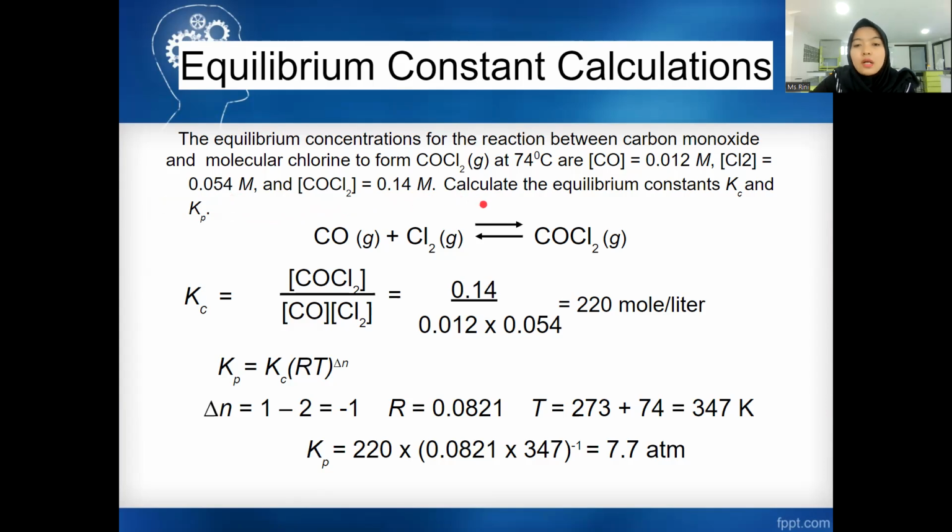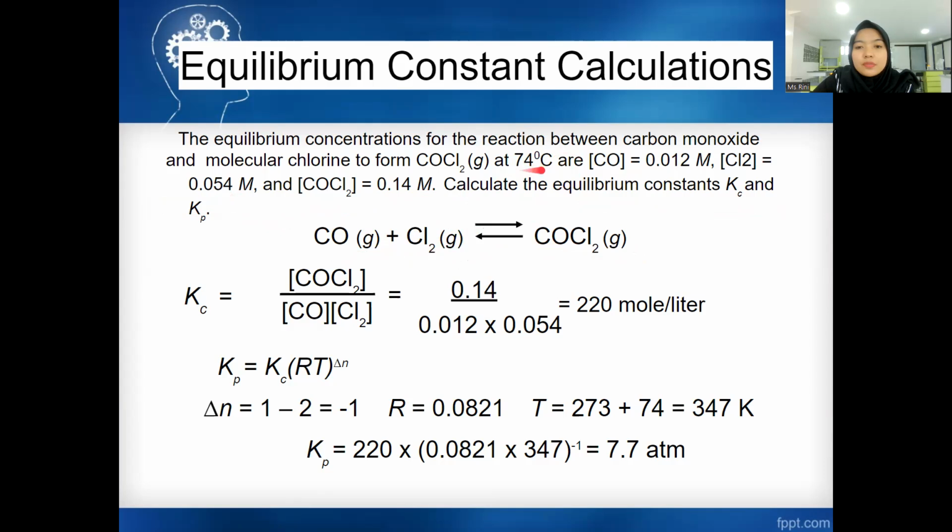The question is, calculate the equilibrium constant Kc and Kp. This is the reaction: CO plus Cl2 produces COCl2.